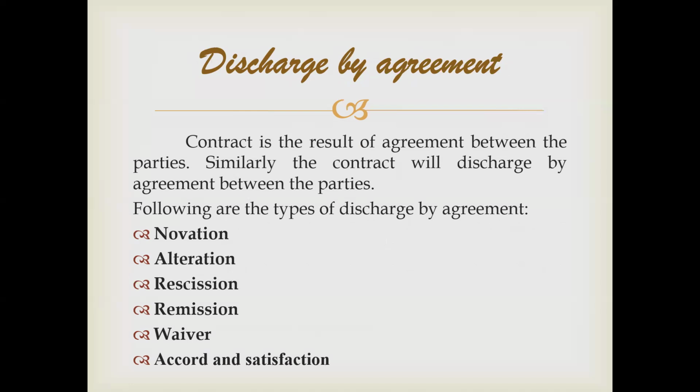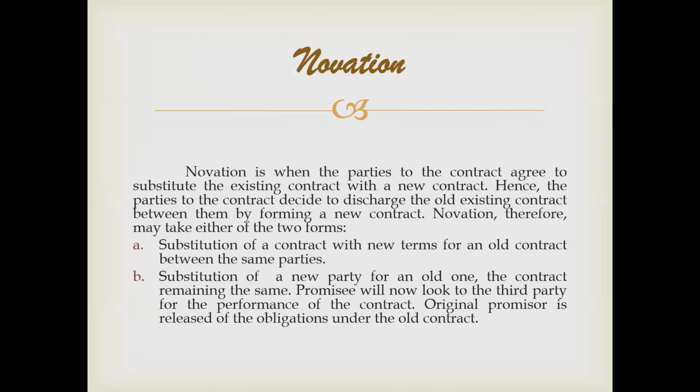So, what is meant by novation? Novation is when the parties to the contract agree to substitute the existing contract with a new one. Hence, the parties decide to discharge the old existing contract between them by forming a new one.